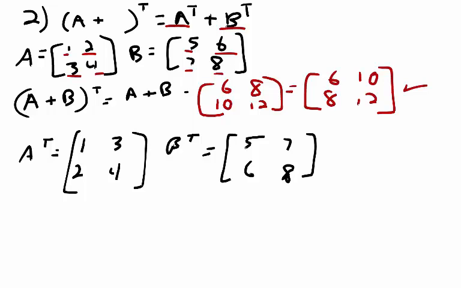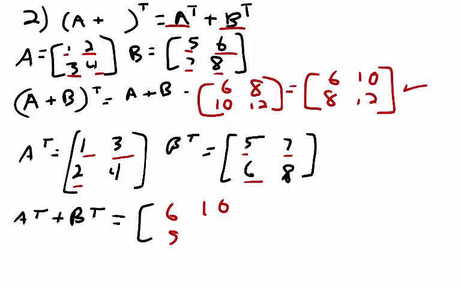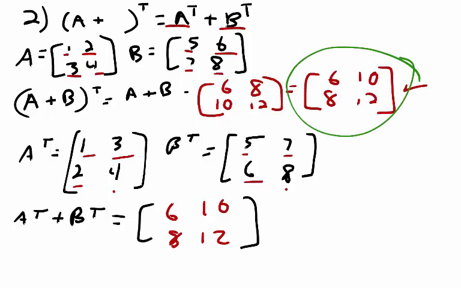Now if we take the sum of these matrices, we get 1 plus 5, 3 plus 7, 2 plus 6, 4 plus 8. And as you can see, these two matrices are the same. So that's our second property, that the transpose of A plus B is equal to A transpose plus B transpose.